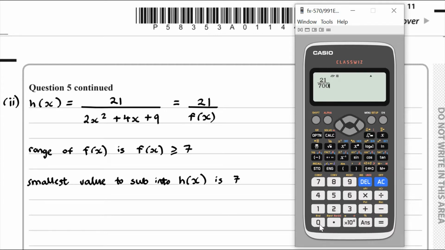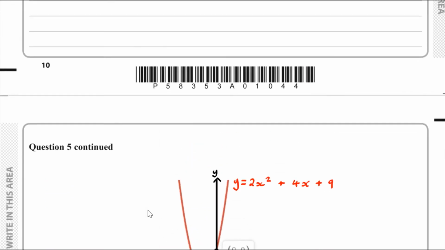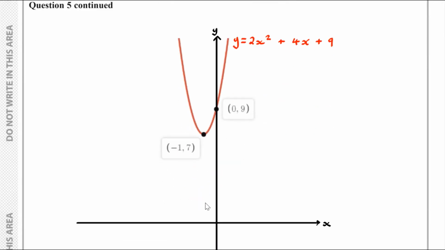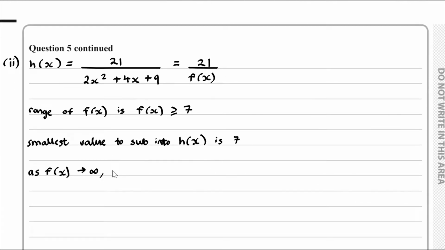And if we continue increasing, we get something much smaller. Essentially, as f(x) tends towards infinity, and that makes sense because f(x) is going to infinity, we see then that h(x) tends towards 0.